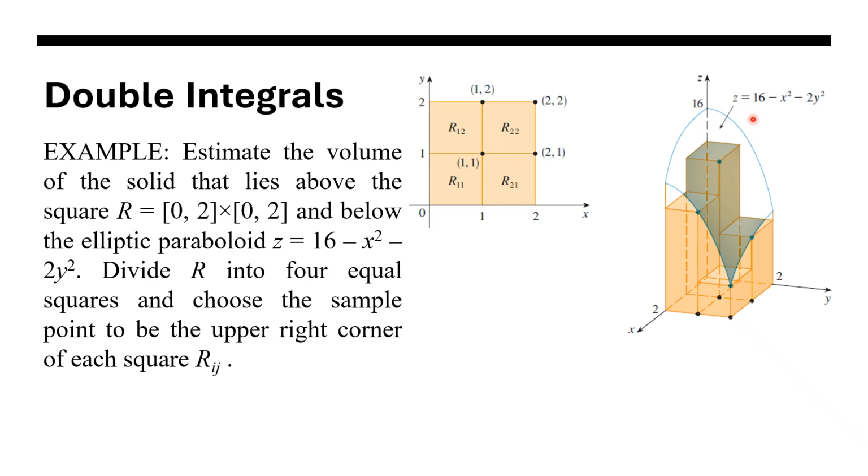For our solution, the paraboloid is the graph of f of x, y. This can be written as f of x, y, which is equal to 16 minus x squared minus 2y squared.